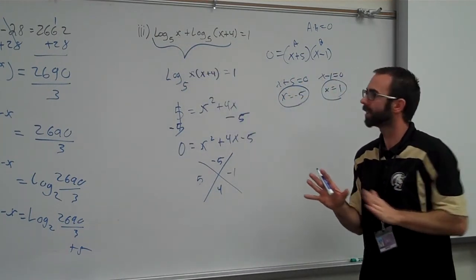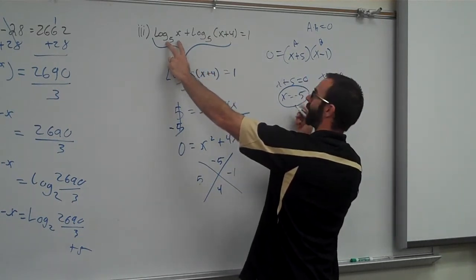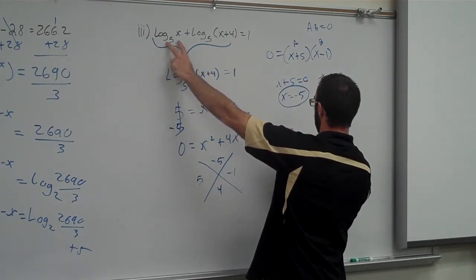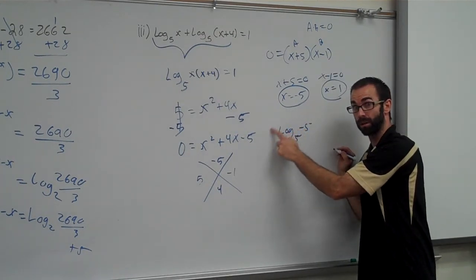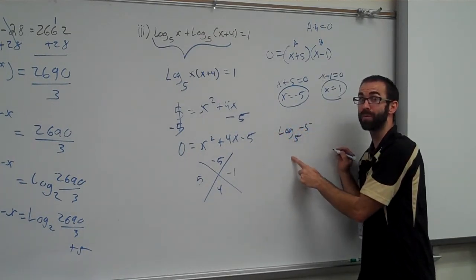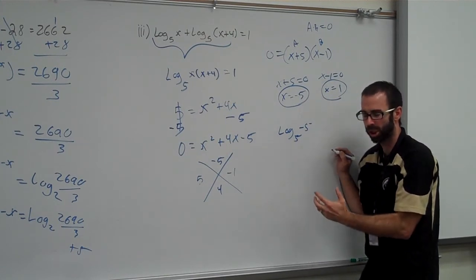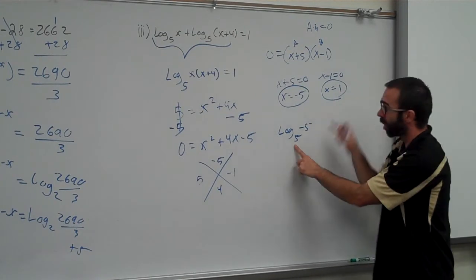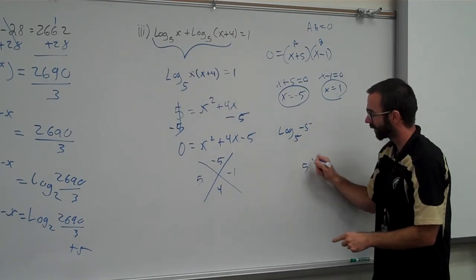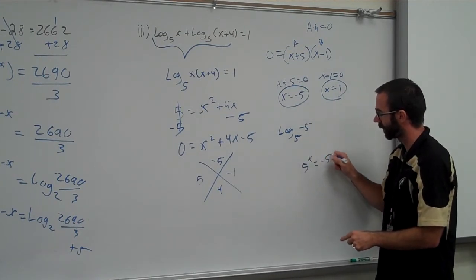We've learned that, say if I plug in -5, log base 5 of -5. If you were to try to do this in your calculator, you would get an error message. It gets mad. It goes, error. Well, there's an error. It's not possible because, think about this. Write this in exponential form. 5 to the power of what equals -5?